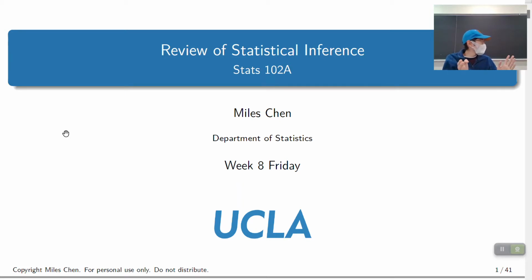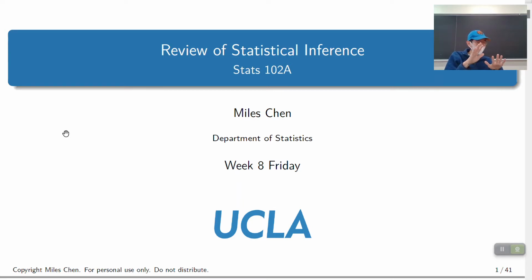I started doing this review of statistical inference because in the past, when I went over some of these topics, a student would ask, "What's a p-value?" and it was always like, "Oh no, you can't ask me that question." So I just wanted to make sure we're all on the same page as far as statistical inference. Maybe you took Stats 10, maybe AP Stats, maybe something else at a community college.